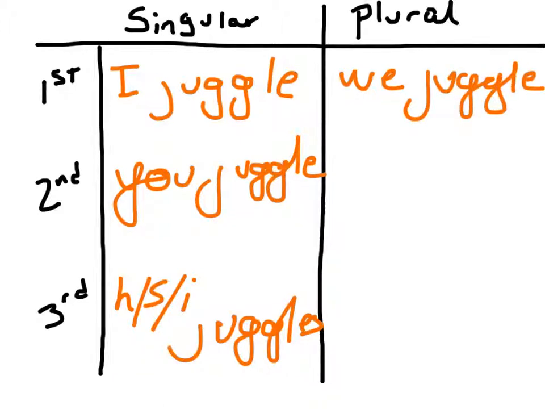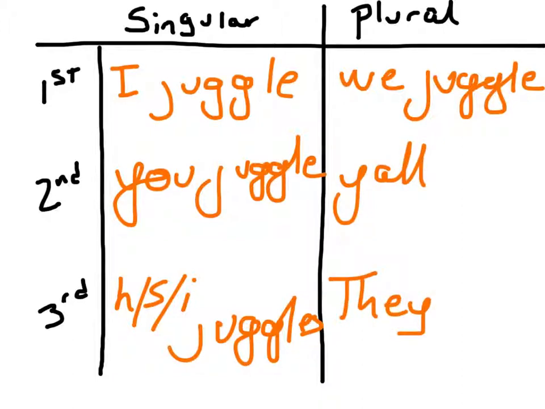I'm going to stop writing this out. We juggle, y'all juggle, and they juggle. Okay, so I juggle, you juggle, he, she, it juggles, we juggle, y'all juggle, they juggle.